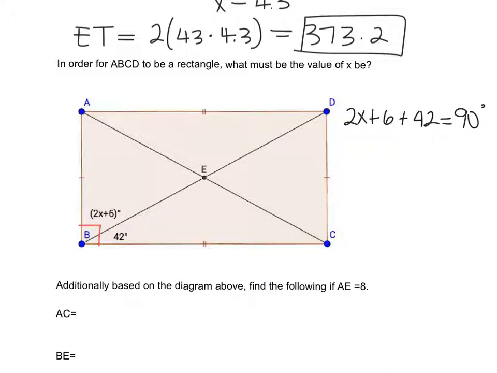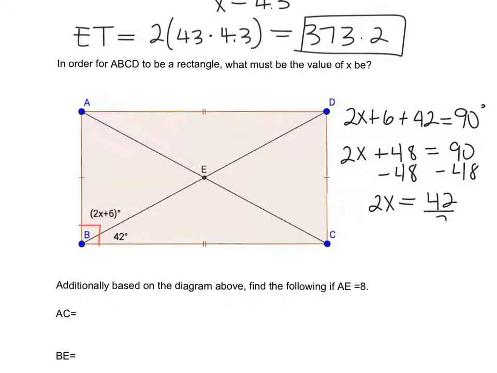So combining my like terms, we end up with 2x plus 48 equals 90. We're going to subtract 48 from both sides. So we get that 2x equals 42. Divide both sides by 2, and x has to equal 21.